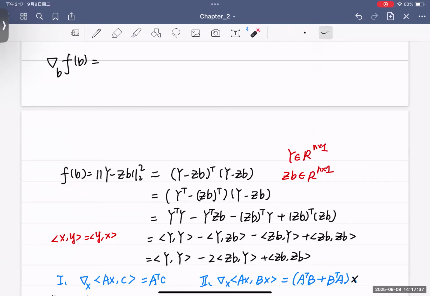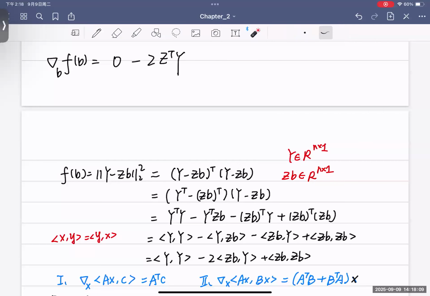So we just do the gradient for this one, and this one. So the first term will result into 0 because there is no b included here. And the second term is zb and y. So I just mentioned that we can treat z as a, this y as a c. So whose result will become z transpose times y. So it's a 2z transpose times y.